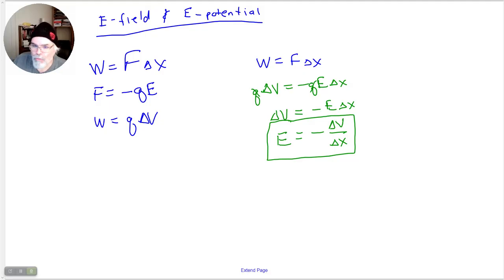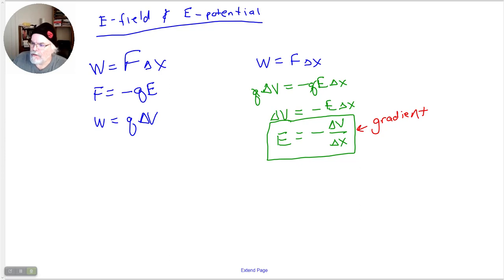This is a rate of change. It's the slope of something, right? Or, as we like to say in IB physics, it's the gradient. So this electric field, this is a gradient. That's the gradient of the potential. It's the rate at which the potential changes with respect to x, a displacement.